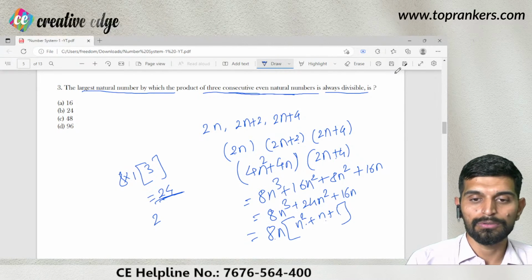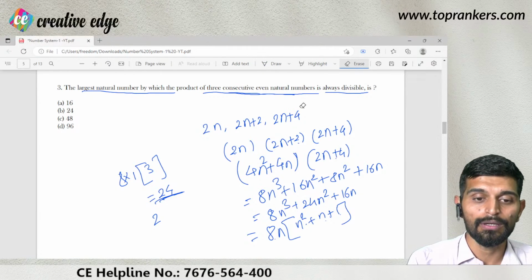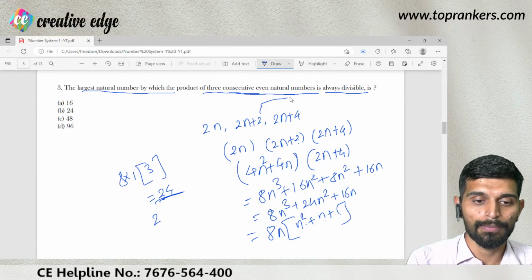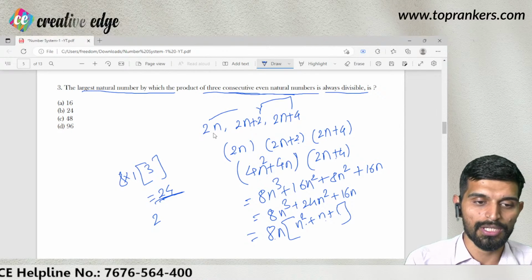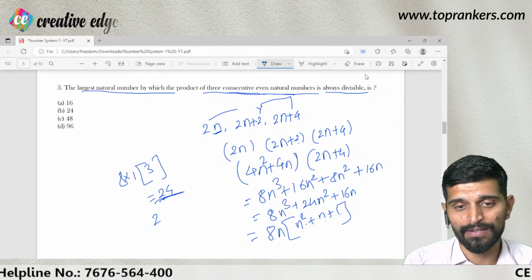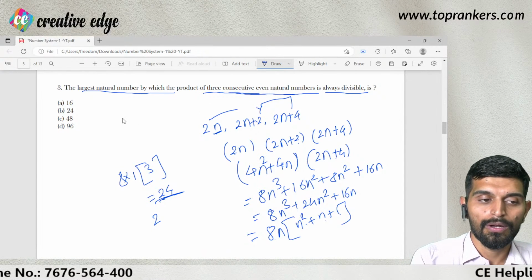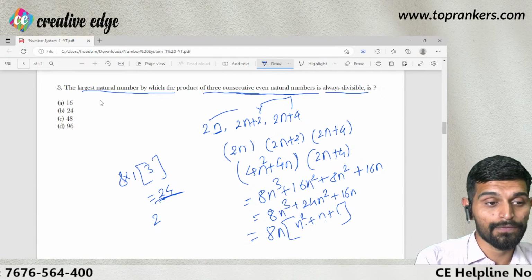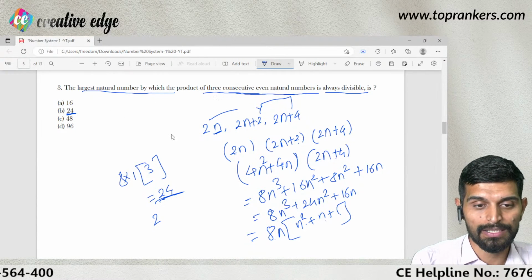So in any case, we can put any value of n, but that factor will depend on the product of 4 into 2, 8, 8 into 2, 16, 16 into 3 consecutive numbers, right? So that will be the minimum number. If that would have been the minimum, the answer is 24, but the question is maximum.